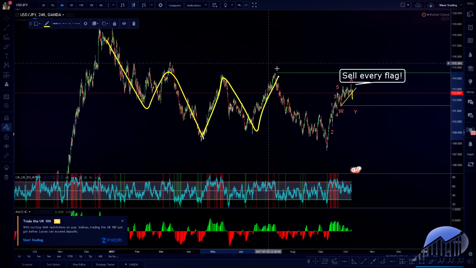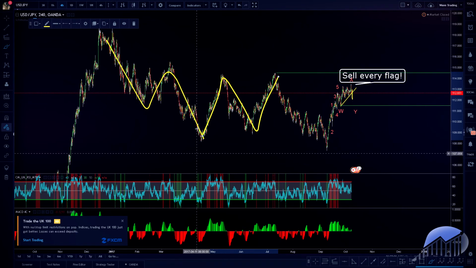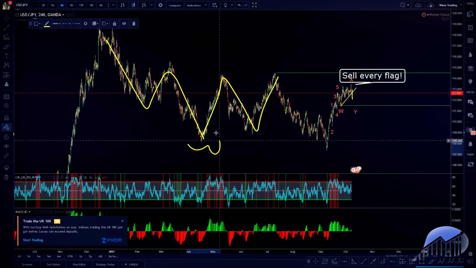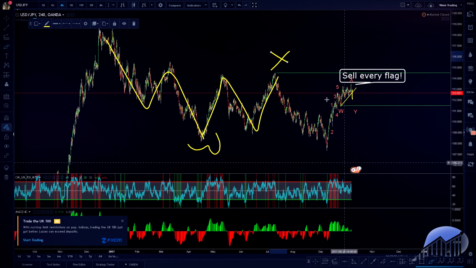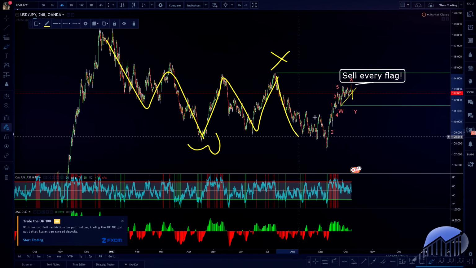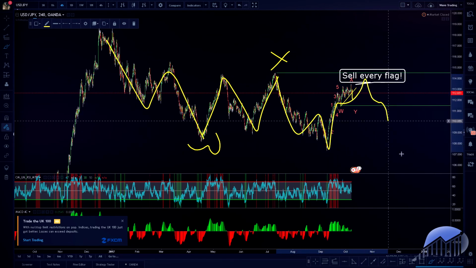So with double complex corrections, if wave W is a zigzag, wave Y tends to be a flat, and a flat is of course 3 waves, 3 waves, and then 5 waves.